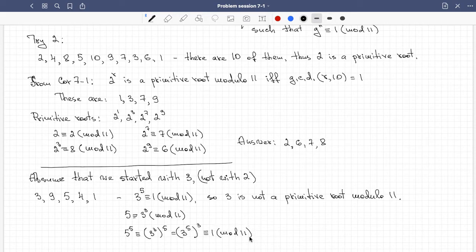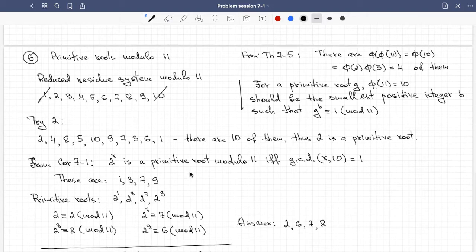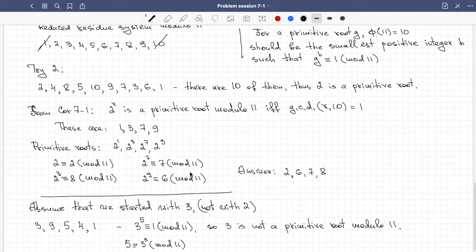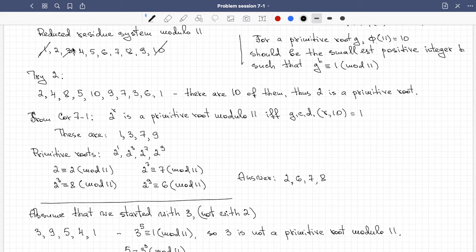So if g is not a primitive root, its powers also are not primitive roots. This short cycle cannot touch a primitive root. Thus, if we have made a wrong choice, we still can conclude that not only 3 is out, but also 9, 5, and 4 are out.